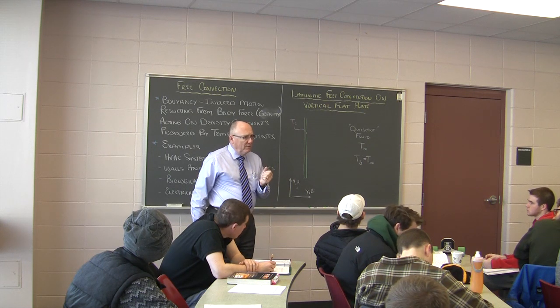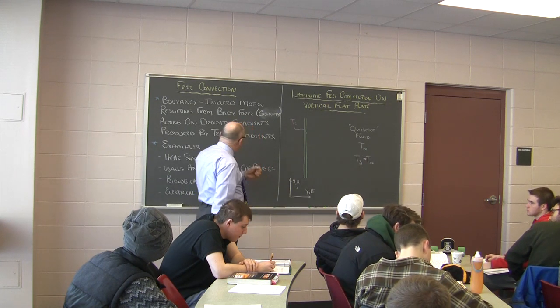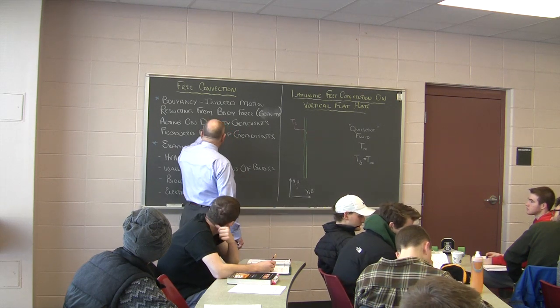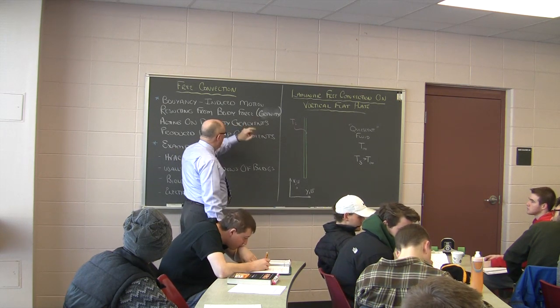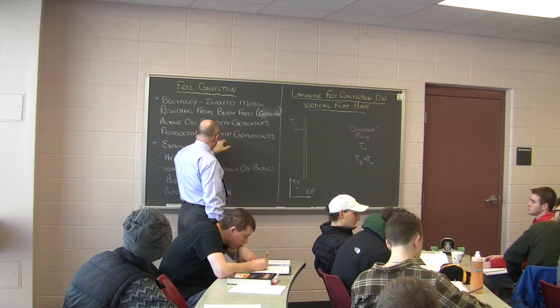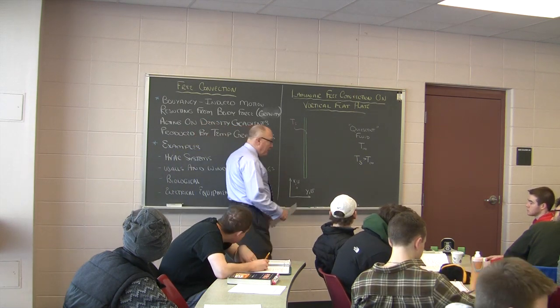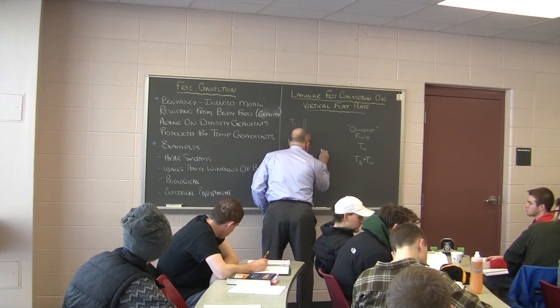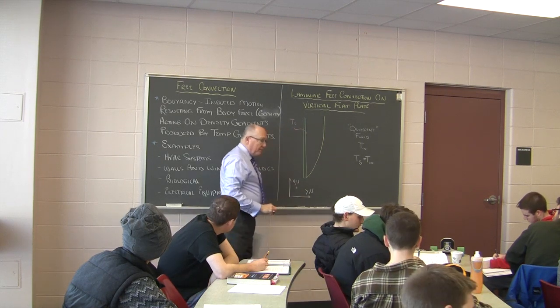Begin to rise. Okay? And this is what we're talking about by buoyancy-induced motion resulting from body force acting on a density gradient, which is driven by a temperature gradient. Okay? And what you see forming here is a boundary layer.